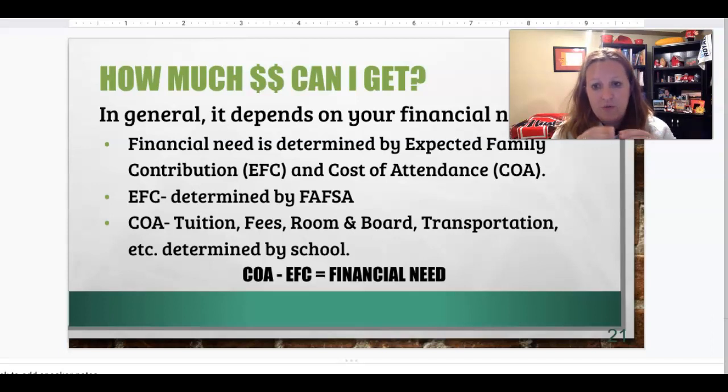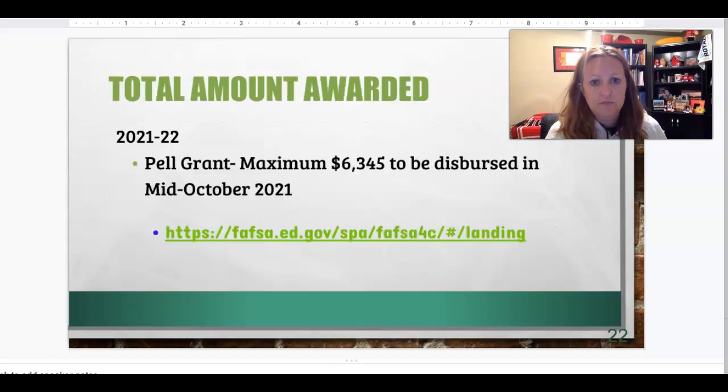So that formula is kind of a magic number and could vary depending on the program at each institution as well. So for Pell Grant, the maximum this year is going to be $6,345, and that would be distributed in mid-October of next year.